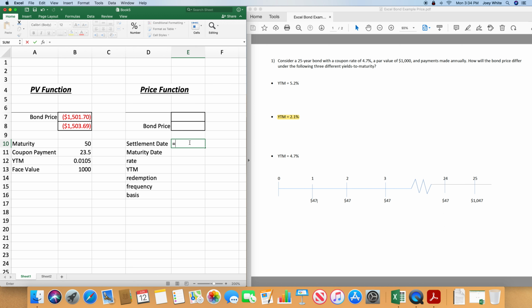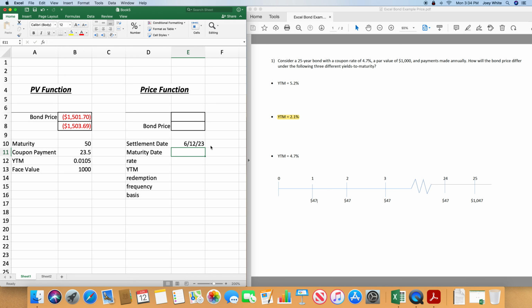You could choose today, Christmas, or your birthday. So I'm going to choose today. I'll do =DATE(, the year, 2023, comma, the month, June, which is the 6th month, comma, the day is the 12th, and close parentheses, and that'll give me that.